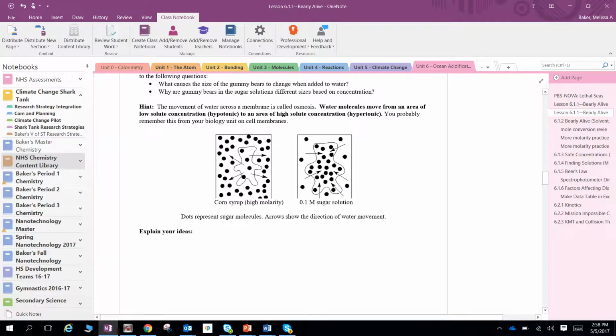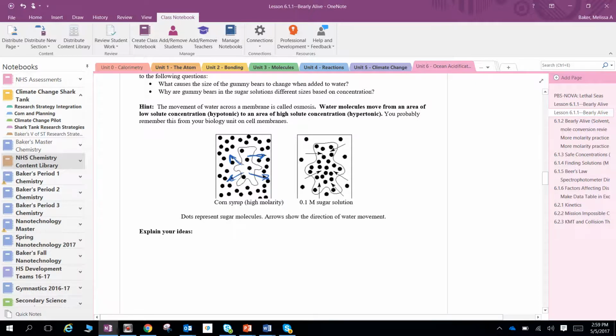When there's a higher molarity outside the bear than inside, that means water from the inside of the bear will rush out to try and help the outer concentration. It says, oh my goodness, we've got to help you out, evenly distribute this water.